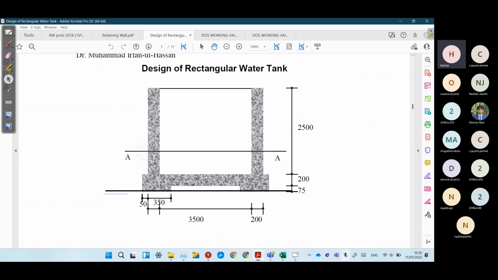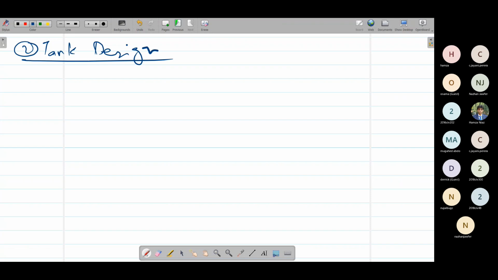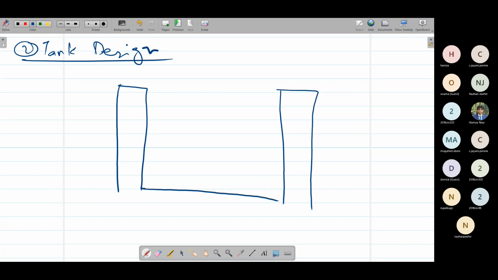So for rectangular tanks, now this rectangular tank is very similar to this retaining wall design, because in this rectangular tank we are going to design 2 times retaining wall and 1 base slab. We are going to design 3 things in this also.